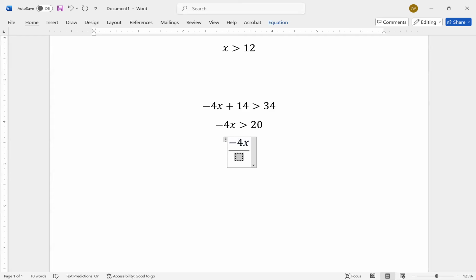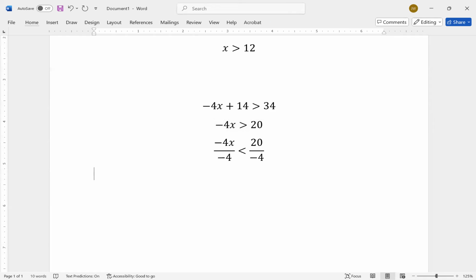Normally, I would divide both sides by a -4, and that's what we're going to do here as well. We're going to divide both sides by a -4. However, because I'm dividing both sides by a negative, I have to flip the sign. And so what we'll get is a flip of our sign from greater than to less than.